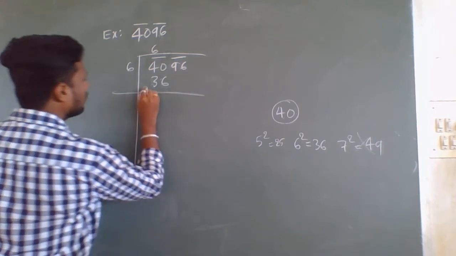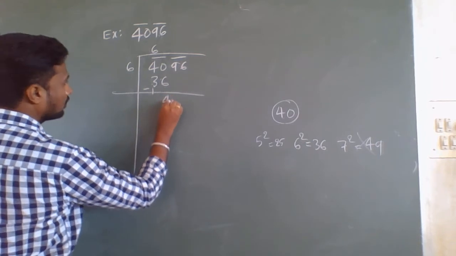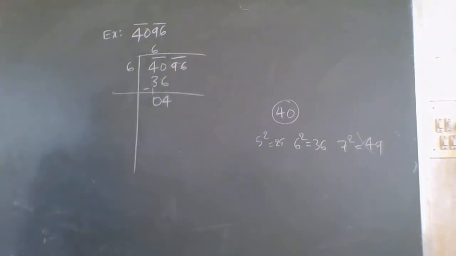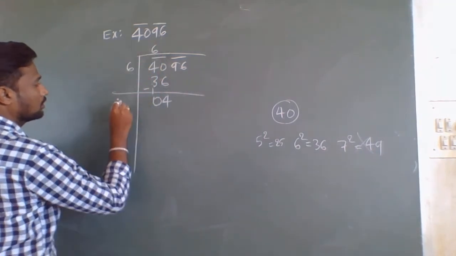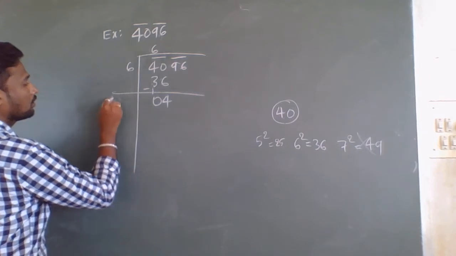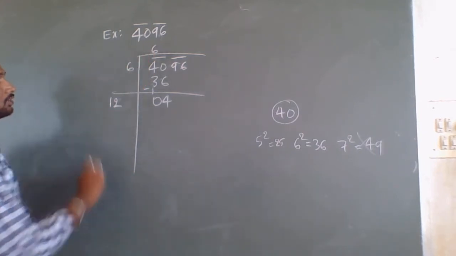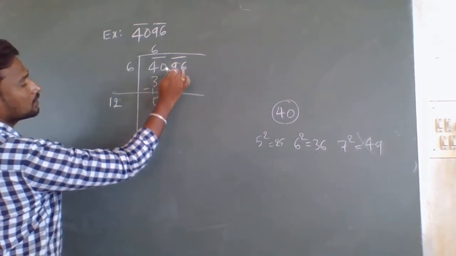Okay. So now here we have to subtract 40 minus 36, means 4. Next 4 minus 4 means 0. Okay. Now here you should add these two numbers, 6 plus 6. What will you get? 12. 6 plus 6 means 12. And now I will consider the next group.